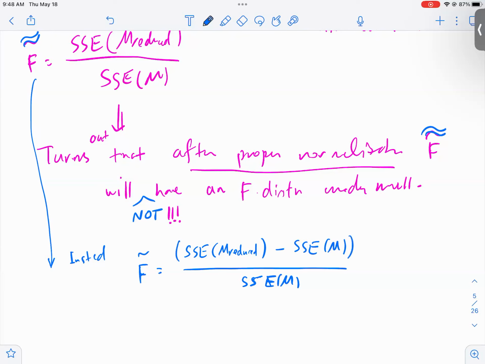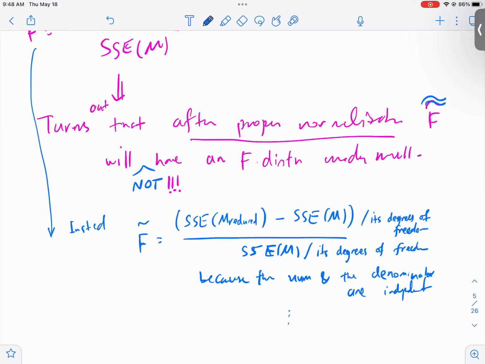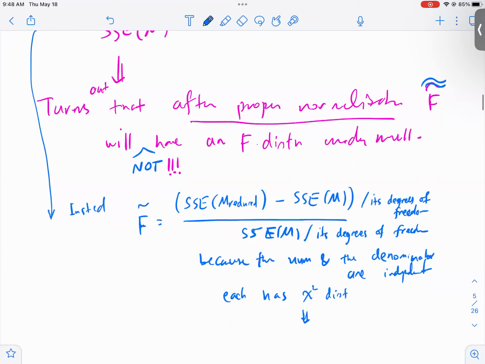And if I divide this by its degrees of freedom, we'll see what that is, and this by its degrees of freedom, because the numerator and the denominator are independent, which we haven't seen yet, and each has a chi-squared distribution, then we get that F tilde.